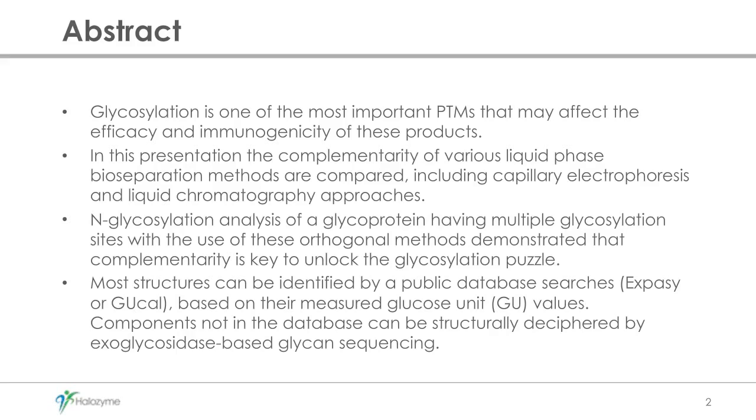The N-glycosylation analysis of a glycoprotein that we're going to be looking at is a Halozyme therapeutic glycoprotein that has multiple glycosylation sites, and how we use orthogonal methods to do characterization to understand the N-linked glycosylation of our complex molecule.